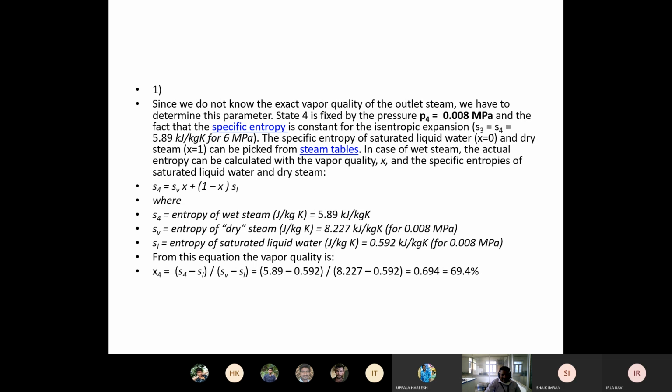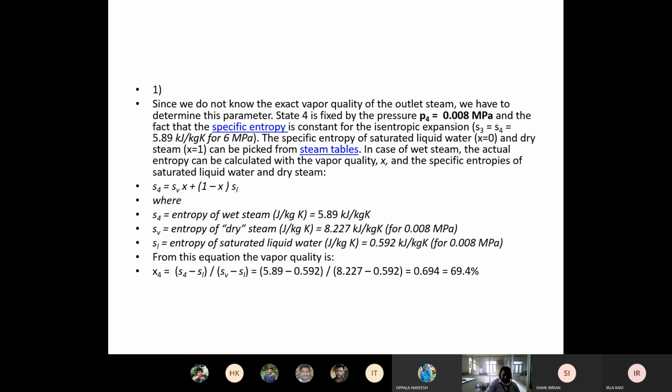How can we select this corresponding to this P4 value? Entropy S4 can be taken from steam tables at 0.008 megapascal. And Sg is the entropy of dry steam, 8.222 kilojoules per kg Kelvin.